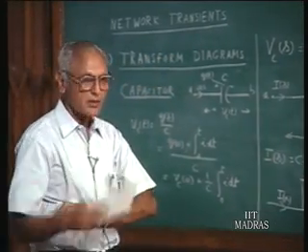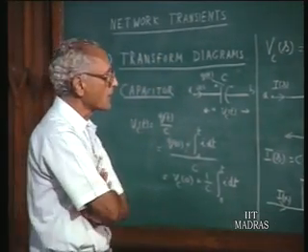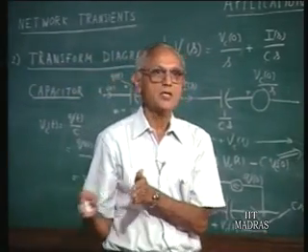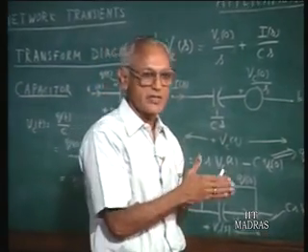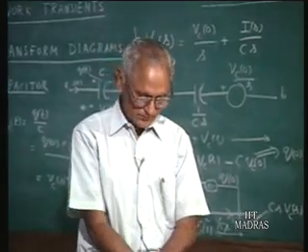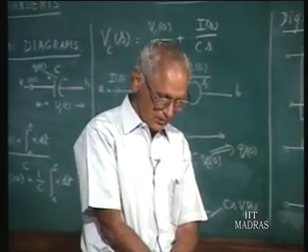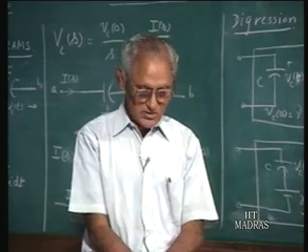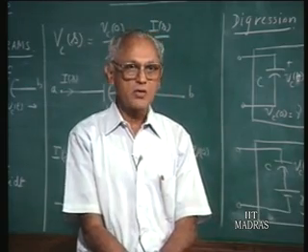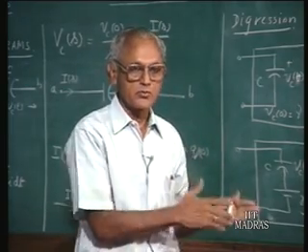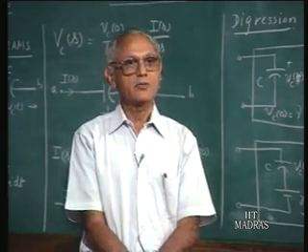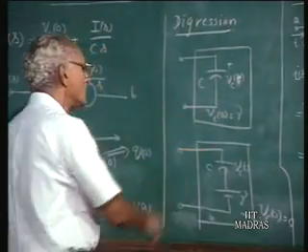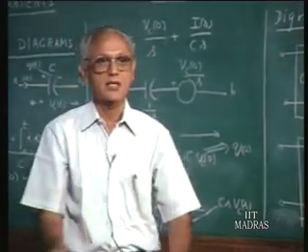If you want to find out the system behavior starting from 0 minus onwards, you have to use all the initial conditions pertaining to 0 minus. On the other hand, if you are satisfied with determining the network response starting from 0 plus onwards, you can substitute 0 plus conditions and carry out the analysis. So in all these conditions, I0, VC0 and so on can be either 0 plus or 0 minus, consistently right through.